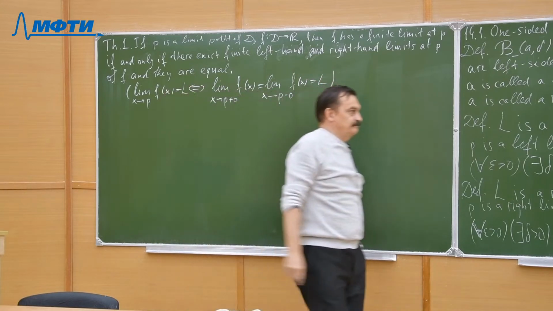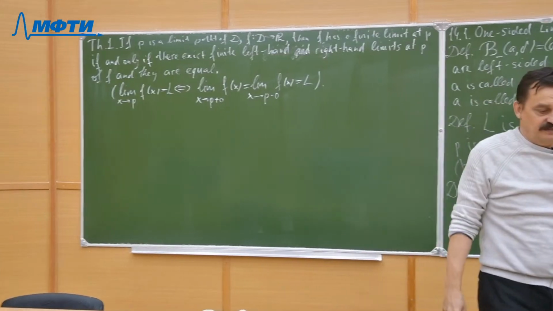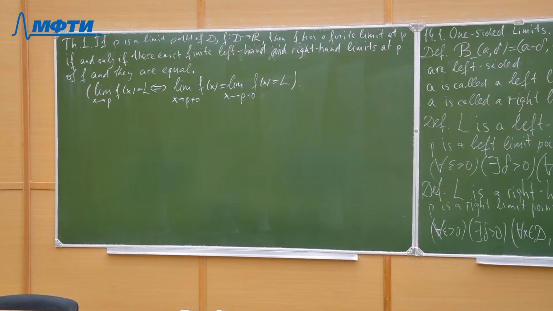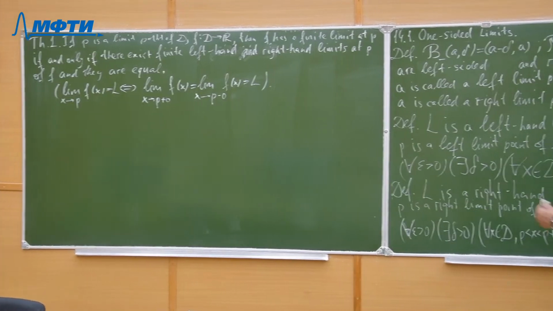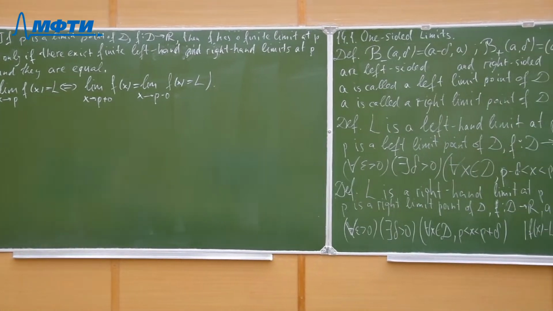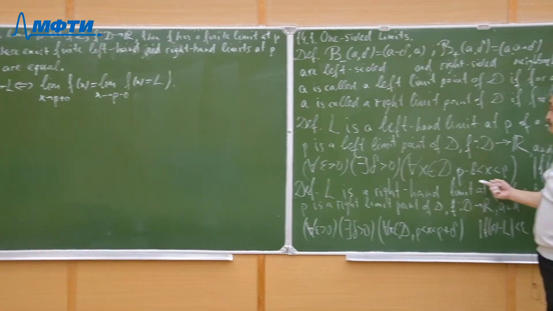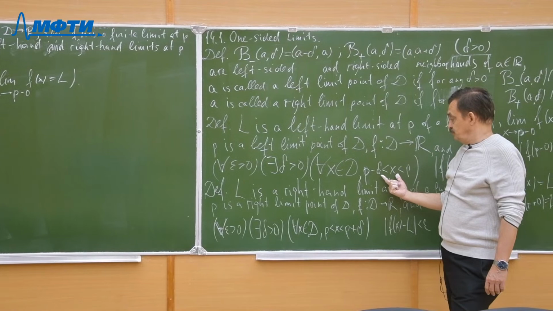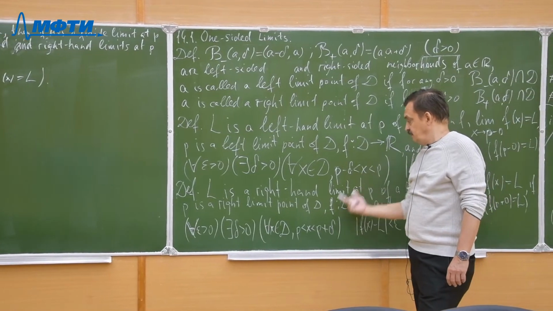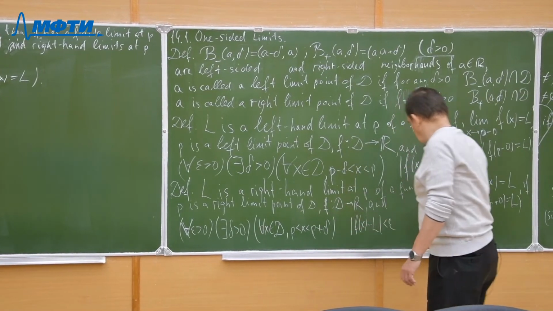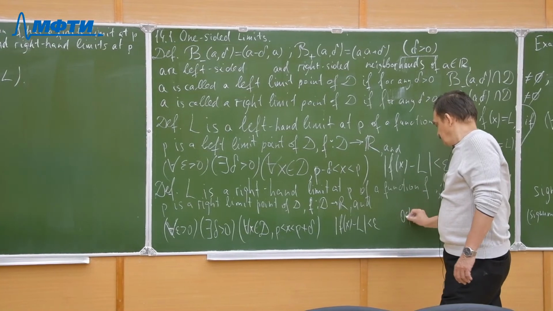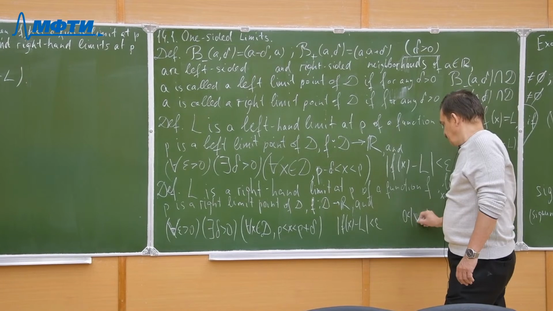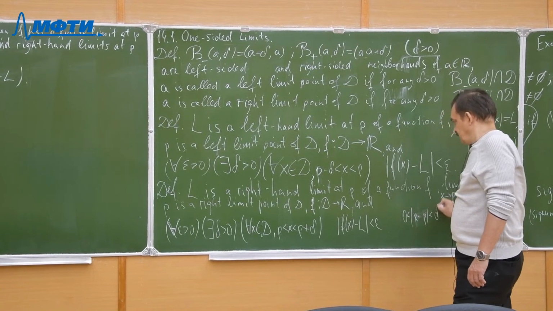That is the same. So why is that true? Because for the definition of the limit, you should replace the inequality by the inequality absolute value of x minus P less than delta.